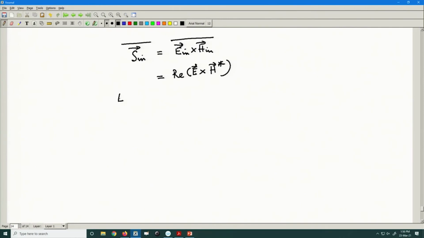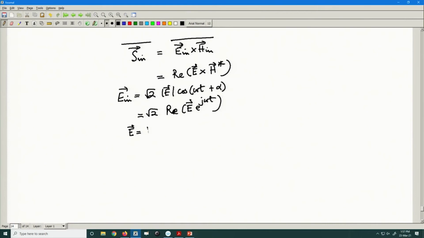So, if E_in is root 2 mod E cos(omega t plus alpha), that is root 2 real part of E e to the power j omega t, where E is mod E e to the power j alpha.